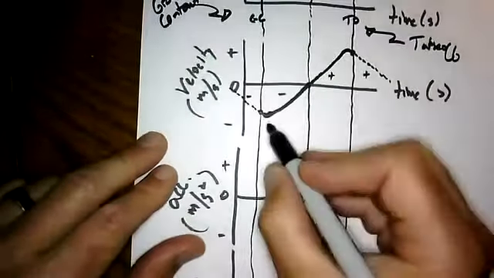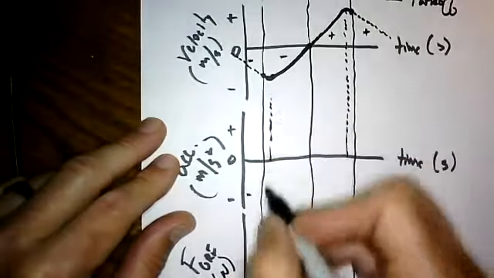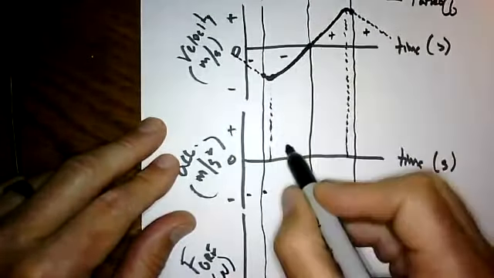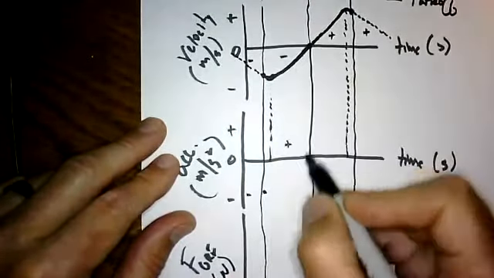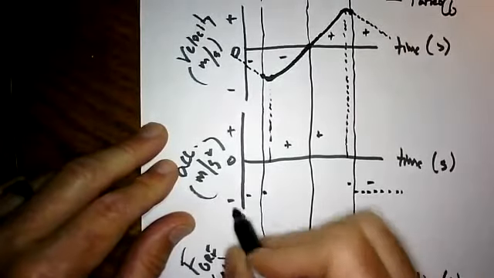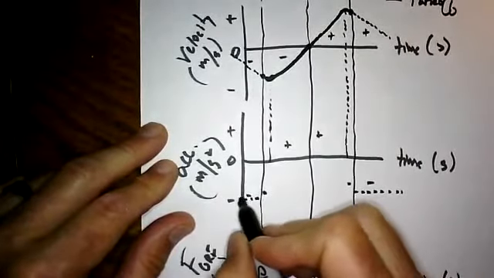Okay, now let's do acceleration. Negative slopes, negative acceleration, negative slopes, negative accelerations in that little region. Positive slopes, positive accelerations, positive slopes, positive acceleration, a little bit of negative acceleration right there, and negative acceleration afterwards. Now we know the acceleration before and afterwards is going to be negative 9.8 because that is flight phase.